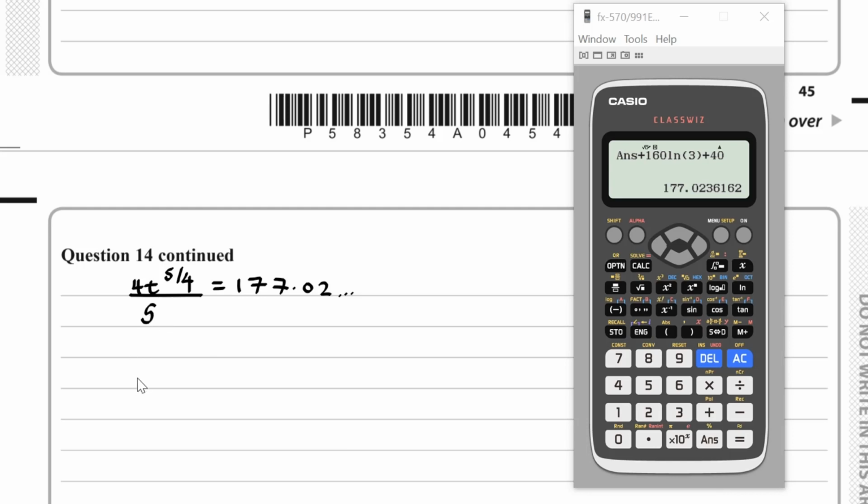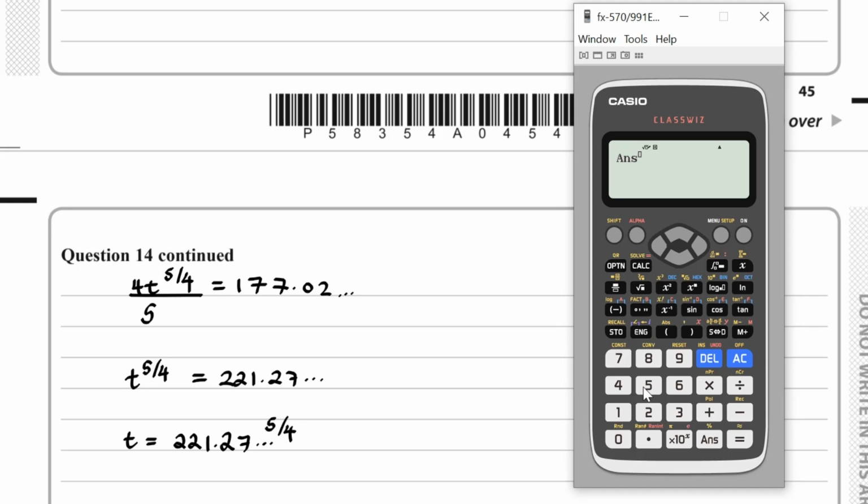And therefore t to the 5 over 4 is equal to this result multiplied by 5 and then divided by 4. So that's 221.27 etc. And therefore for us to find t, that's equal to 221.27 etc. to the power of 5 over 4.